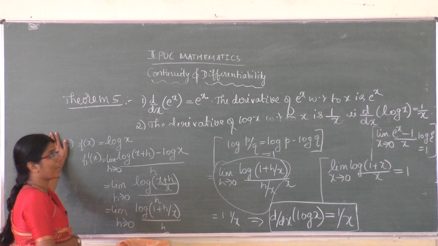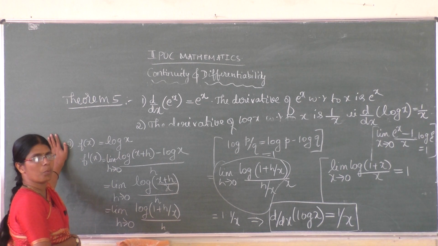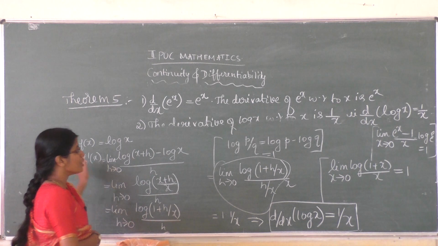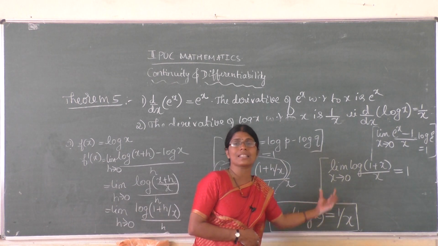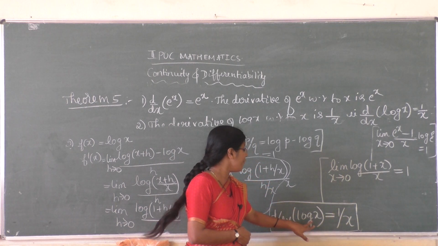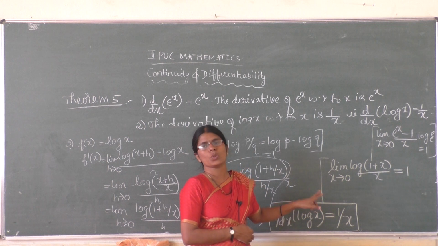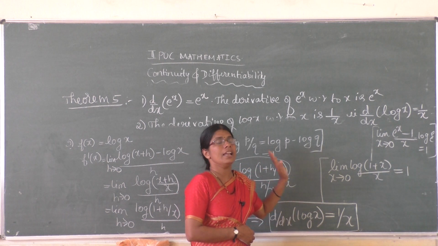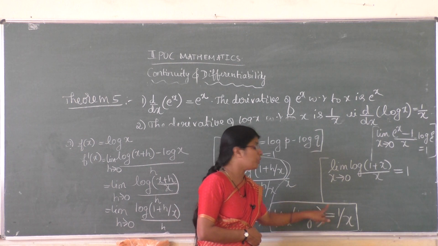So this is how we get the derivative of the exponential function e to the power x and of log x. Here the thing is, the derivative of log x is equal to 1 by x only when the base is e, that means the logarithm is natural logarithm. If any other base is given, you can't use 1 by x.